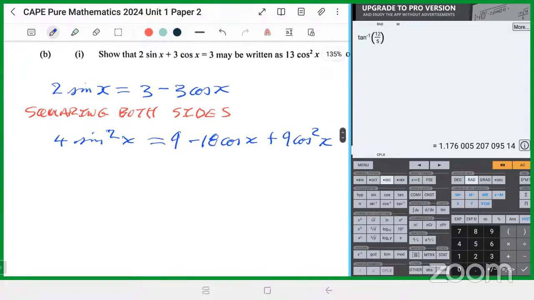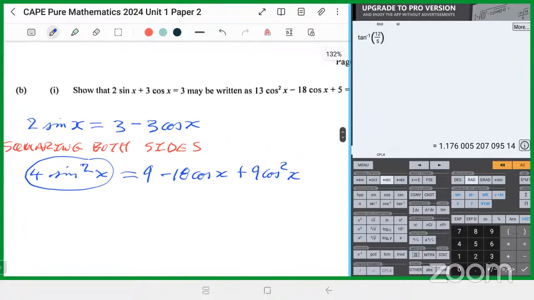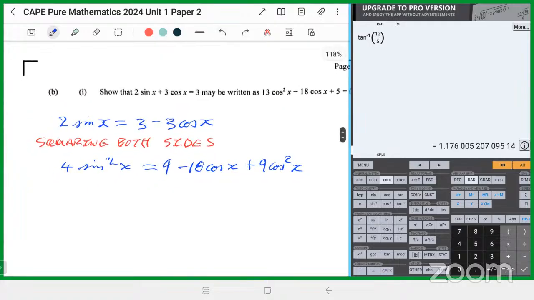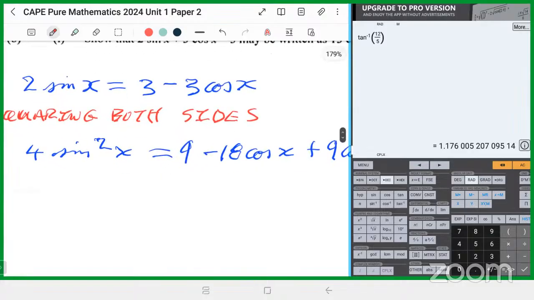All right, so this is the trick now. I don't want this sine squared, because there's no sine squared in the solution there. To get rid of that sine squared, it would be nice if I could add 4 sine squared to that. That's just one way to do it. Or write it as 4 minus 4 cos squared. Maybe that's the way to go. Let's do it that way. So I'm going to recognize that sine squared is the same as 1 minus cos squared x.